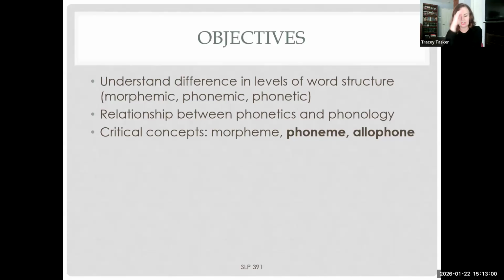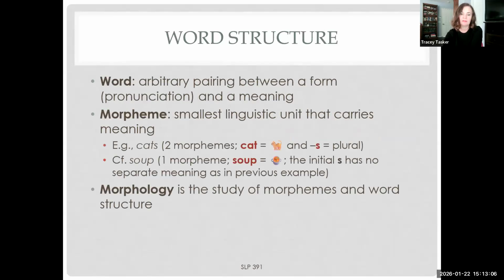I briefly mentioned allophones in the last lecture, but you're going to understand in more detail after this lecture. So let's just break down some of the terminology that the chapter talked about. When we think about a word, it's really just how a group of sounds are put together, pronounced, and the meaning behind that.